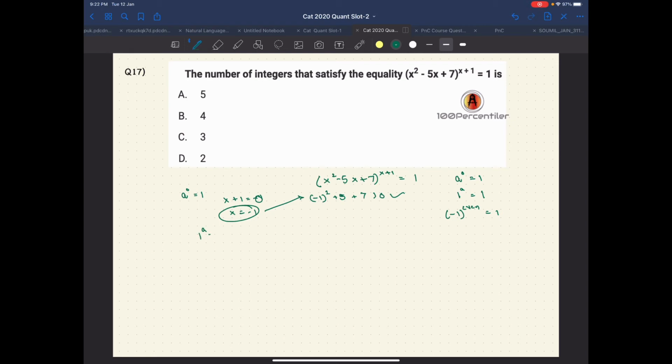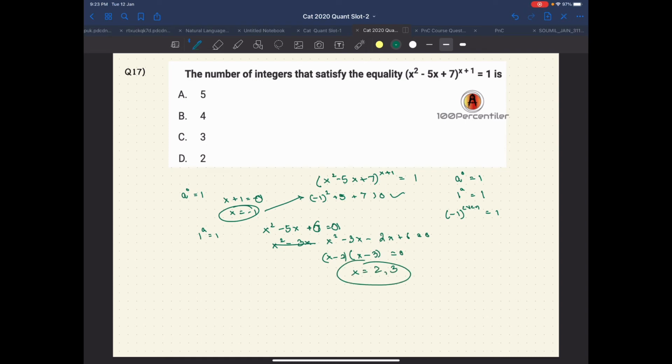Now 1 raised to power x is 1, so we have x square minus 5x plus 7 as 1, which is x square minus 5x plus 6 equal to 0, and therefore x square minus 3x minus 2x plus 6 is 0. This is x minus 3, x minus 2 equal to 0, and therefore x is 2 or 3.